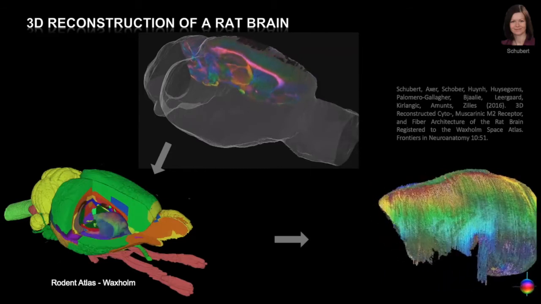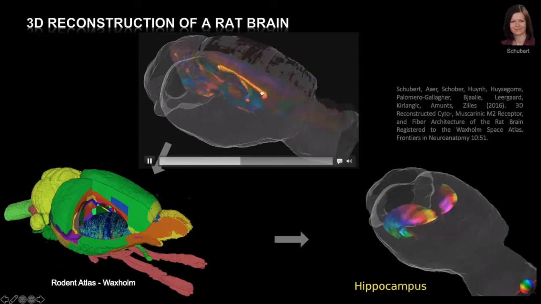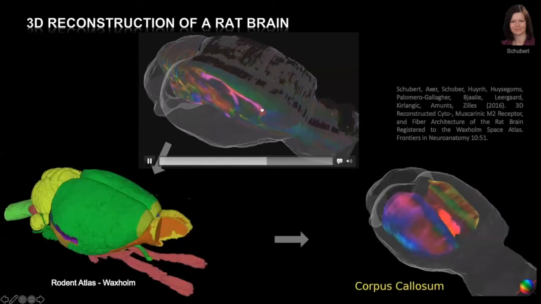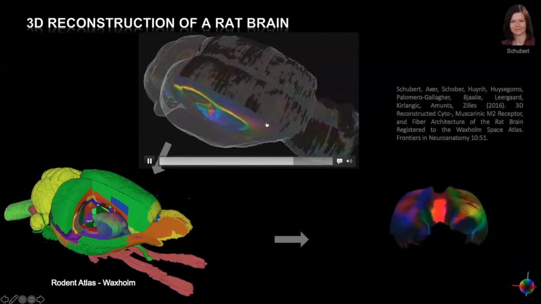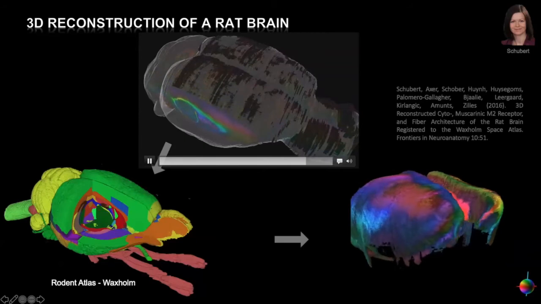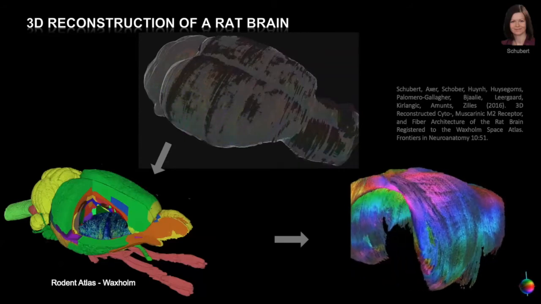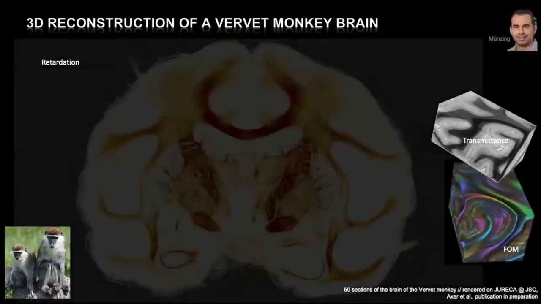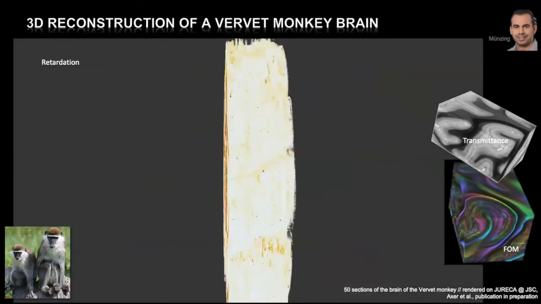And so you can see here already the nice generation of the corpus callosum, although you can also see some of the misalignments which are always there. But this was a first sign that it works. We can do it in 3D in principle. So we went to the next size of species, which is a vervet monkey brain.